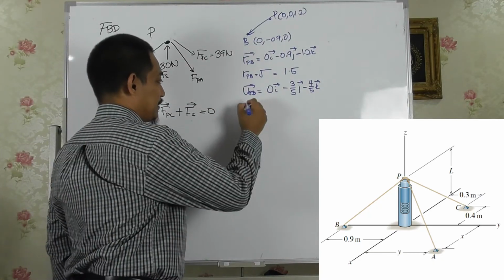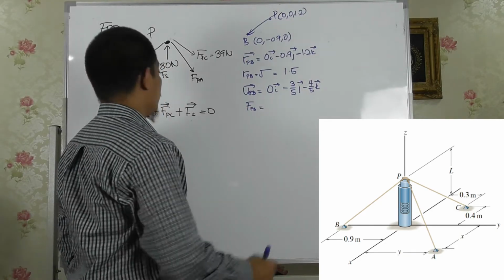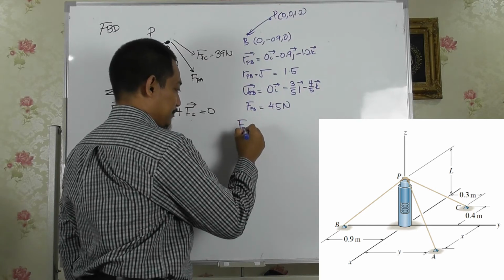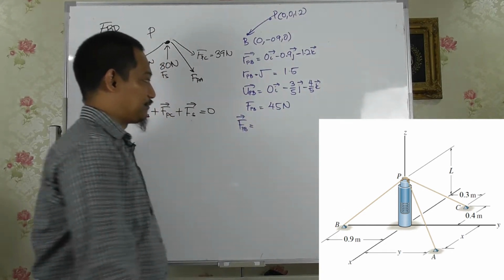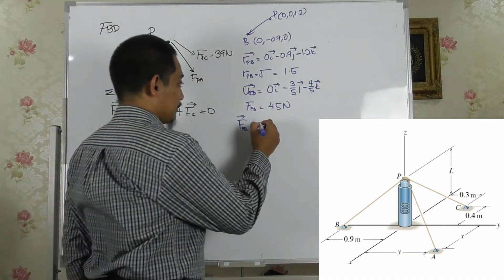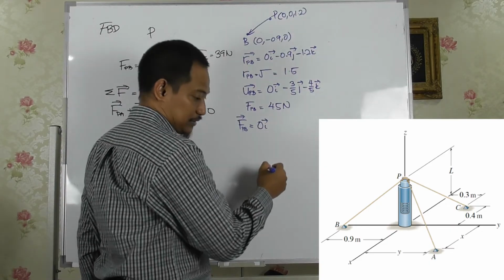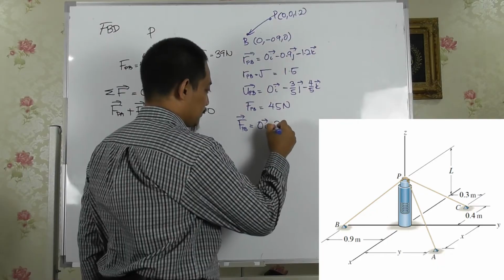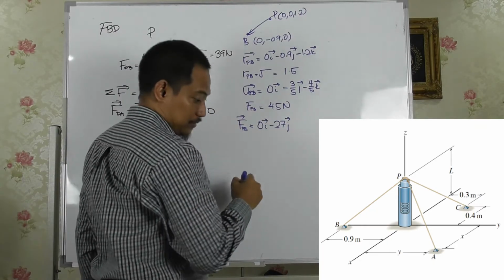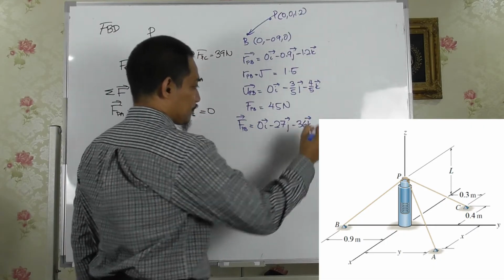Of course, for FPB, the value is already given as 45 Newton. So the vector FPB is 45 Newton multiplied by all of this, right? So you will get 0i minus 27j minus 36k Newton.